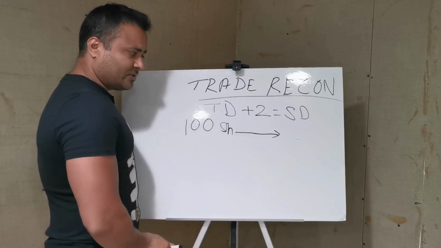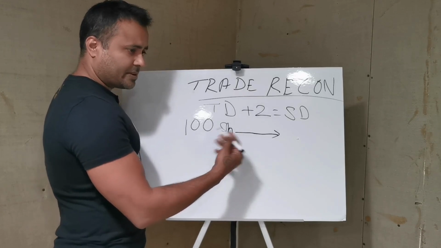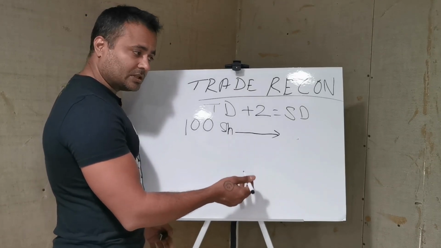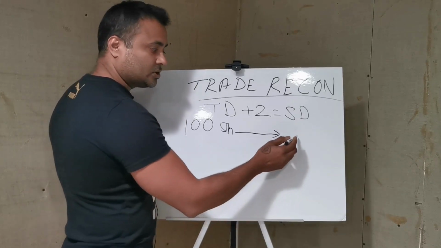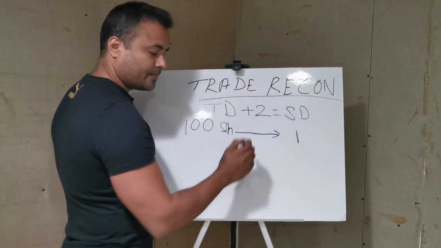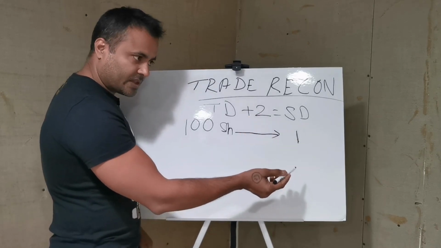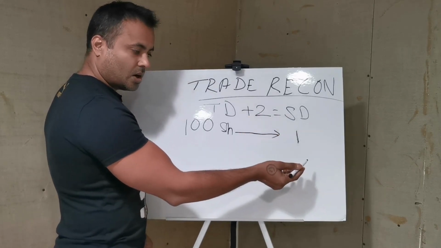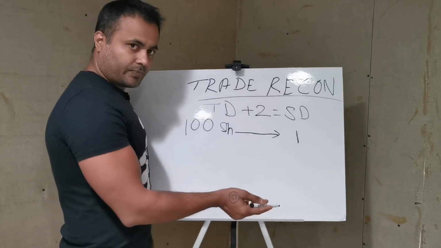So everything happened in between these 2 days, pre-matched, matched and confirmed in the market. On the settlement date, it should settle. If it doesn't settle, it will fail. If it fails on the settlement date, it will move on to the next day.